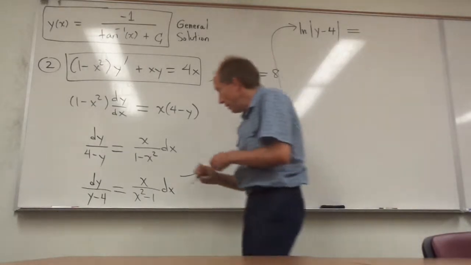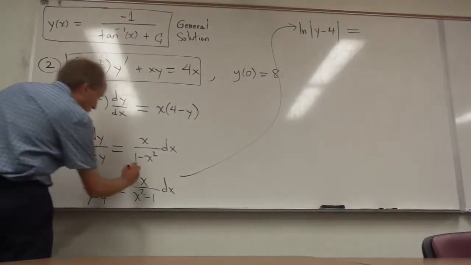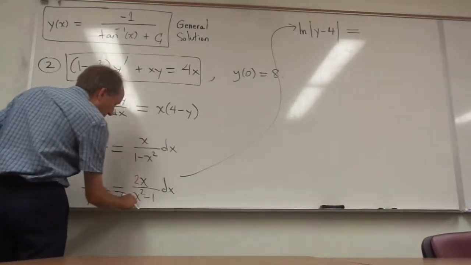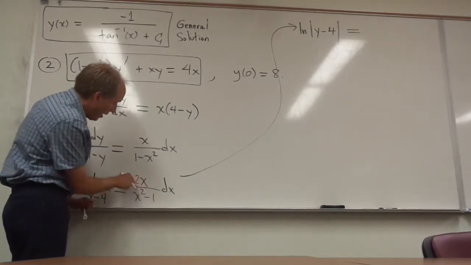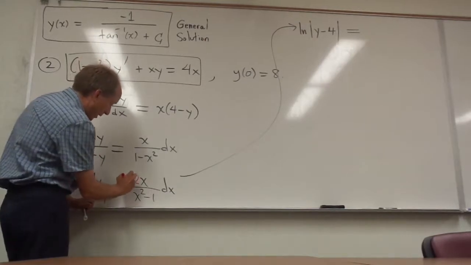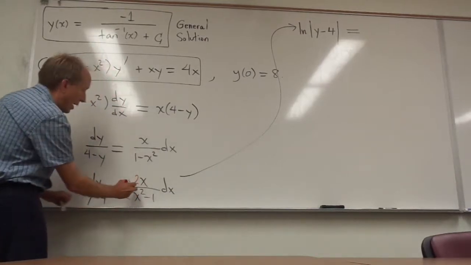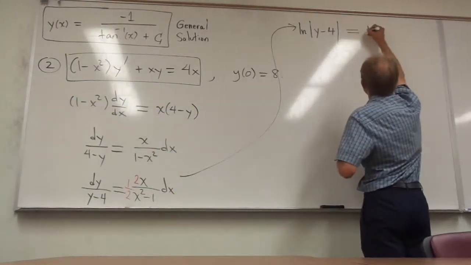The right side can also be solved with a u substitution. I need to put a 2 on top because if I let u equal x squared minus 1, the derivative of that would be 2x. And so I can put a 2 there, but I have to pay a price and put a 1/2 out in front. And it's that 1/2 that you're going to see right here.